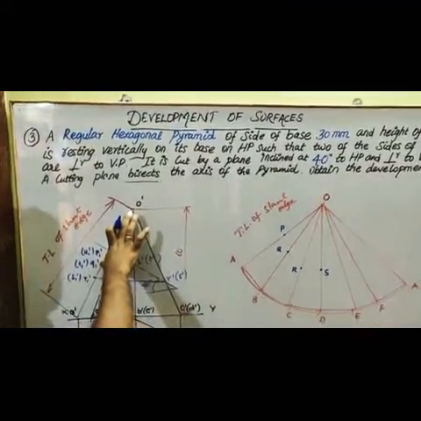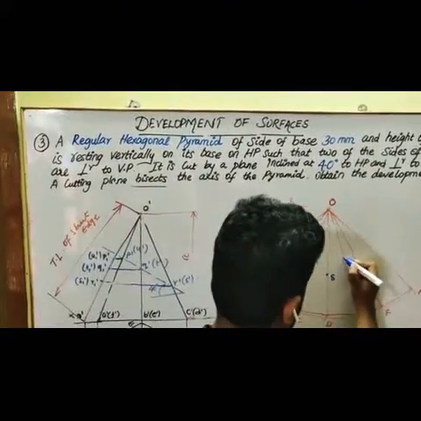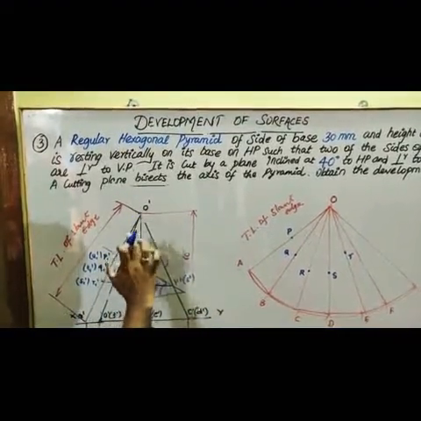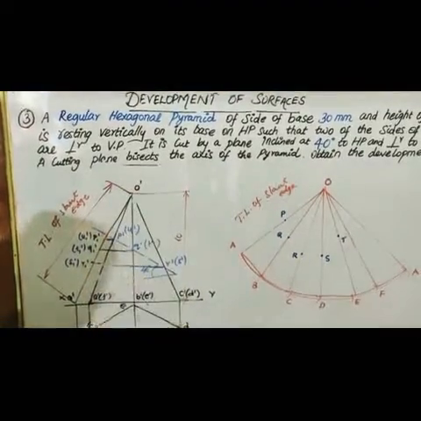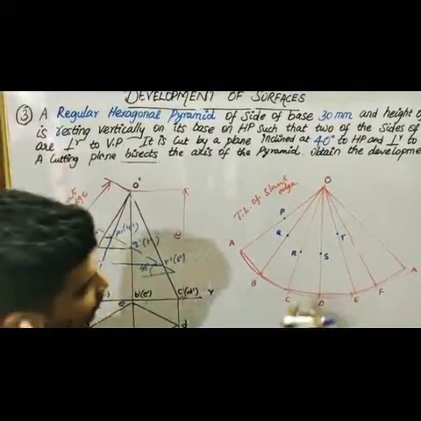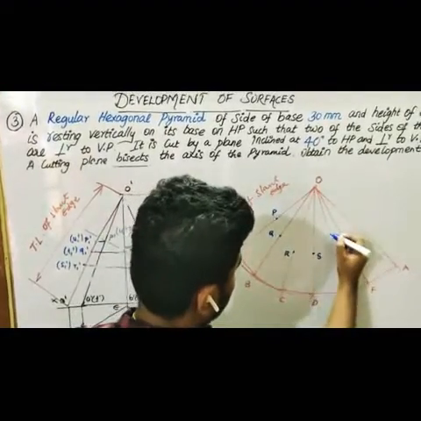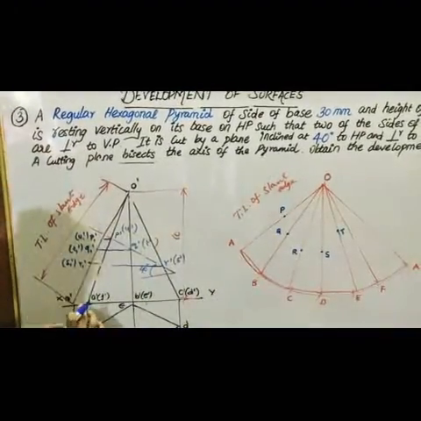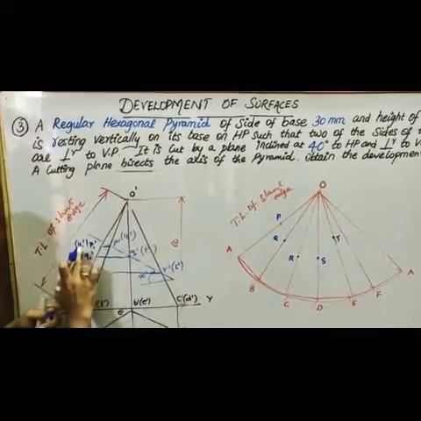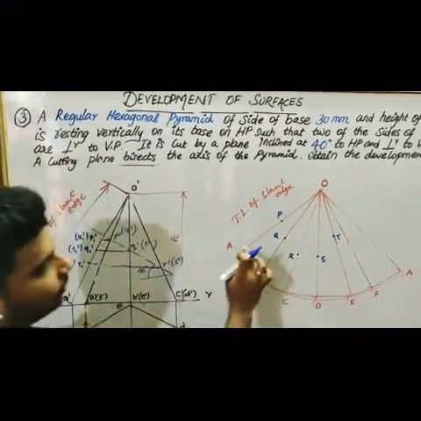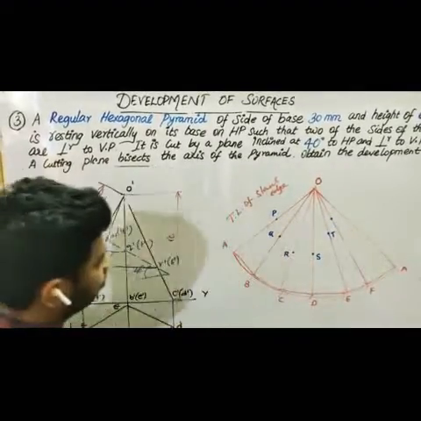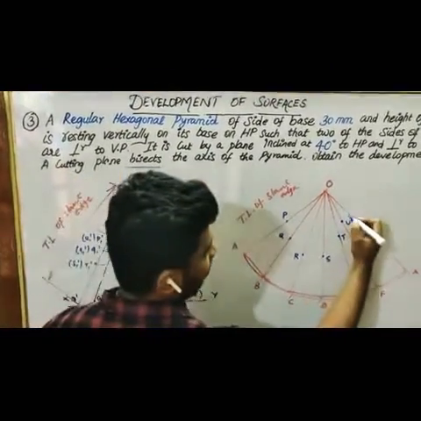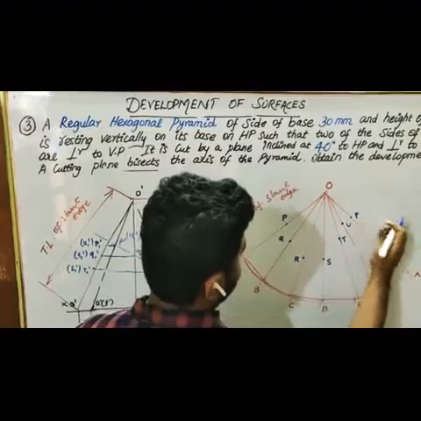The true length is at this length, and you paste it here, which is T. Again on the OF line, the point is U1 dash, which has the length of this side, and you mark the point here, which is capital U. And finally it closes at the point P, which has the same length here.